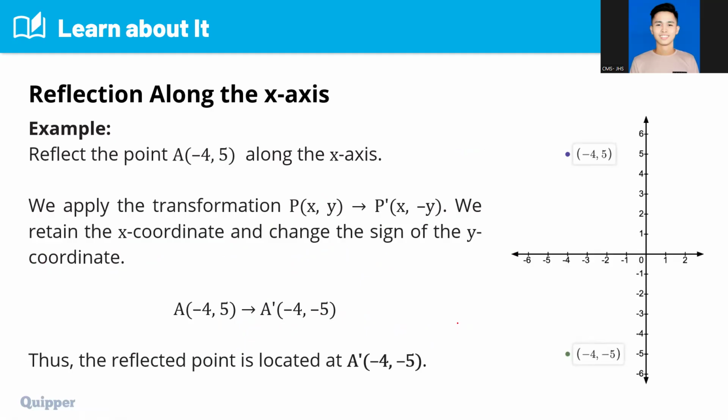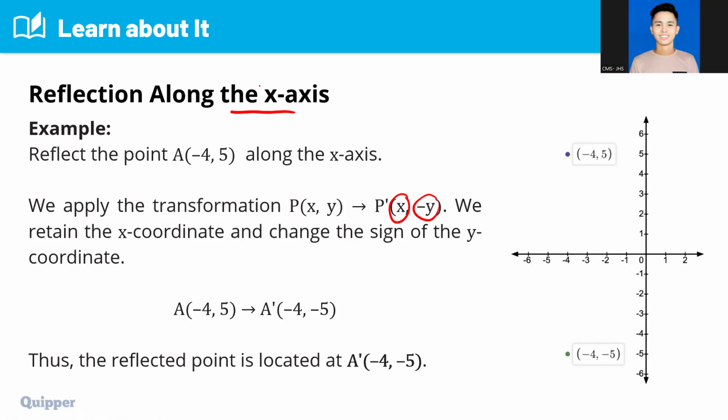Next, for example, reflect point A (negative 4, 5) along the x-axis. Again, this is along the x-axis. So we apply the transformation P prime: copy x, and then negative of y. My mnemonic, or the way I memorize the reflection procedures: if it's a reflection along the x-axis, I just need to flip the sign of the y-coordinate.